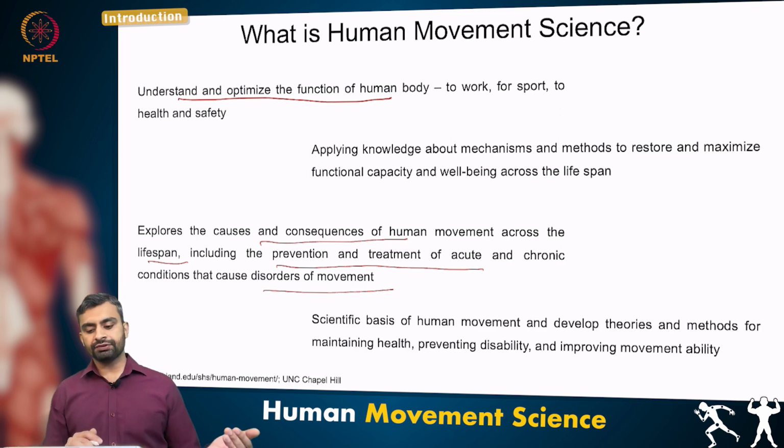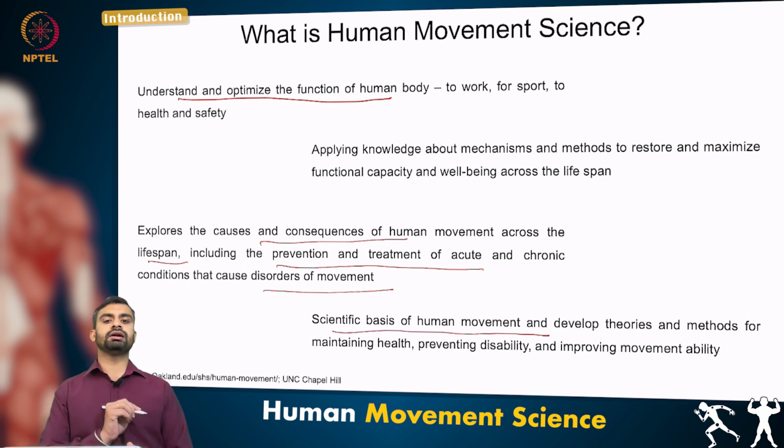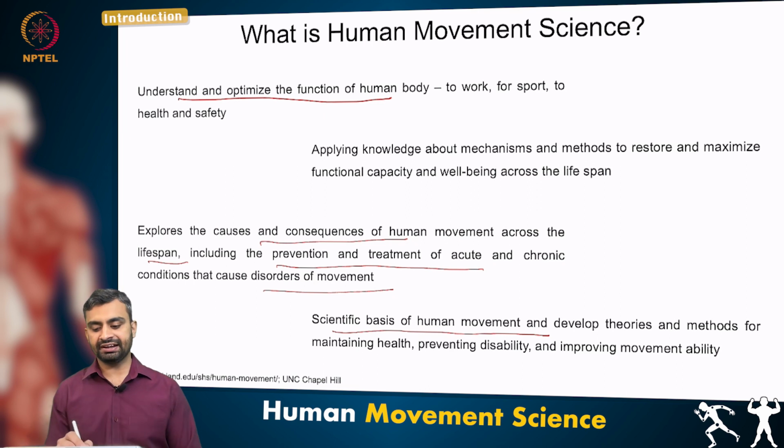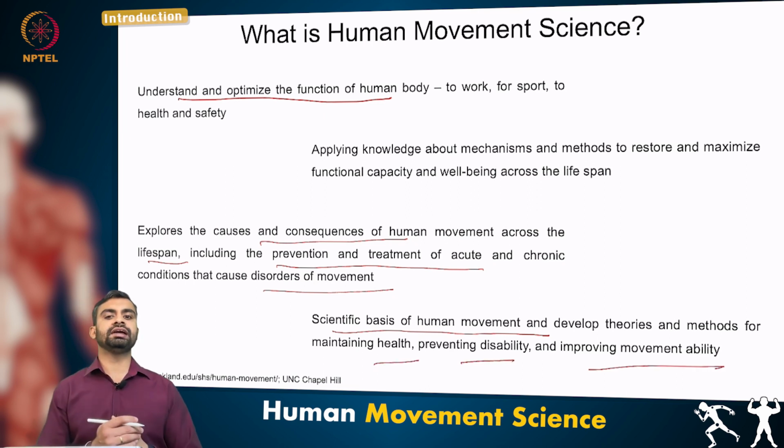Scientifically, it is nothing but a scientific basis of human movement which results in the development of theories and methods for maintaining health, preventing disability and improving movement ability in general.